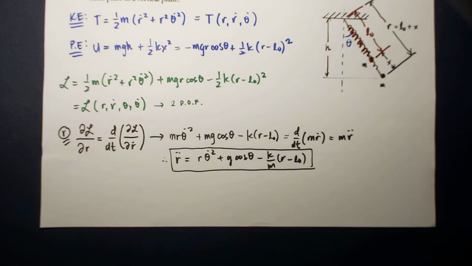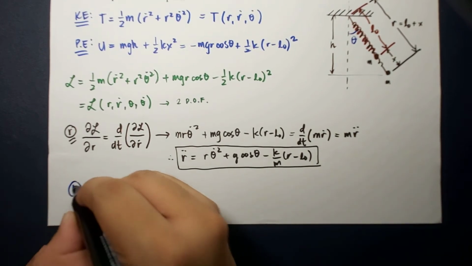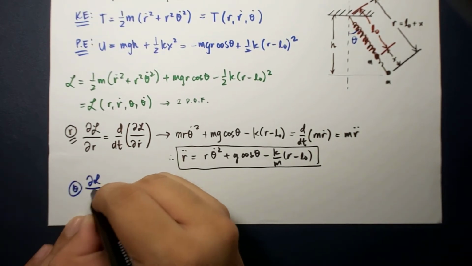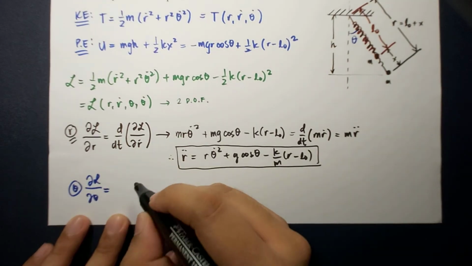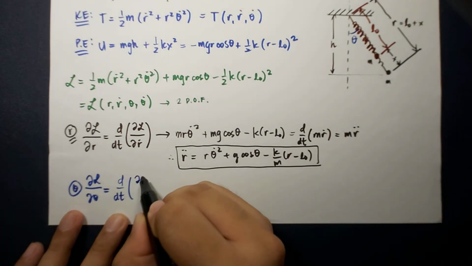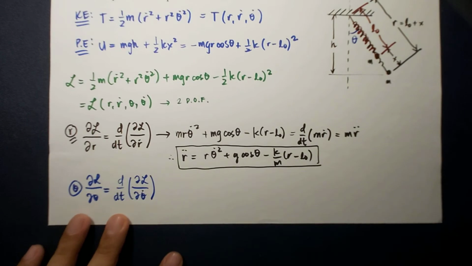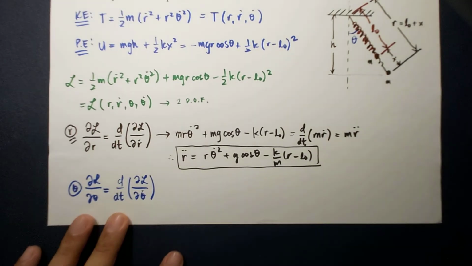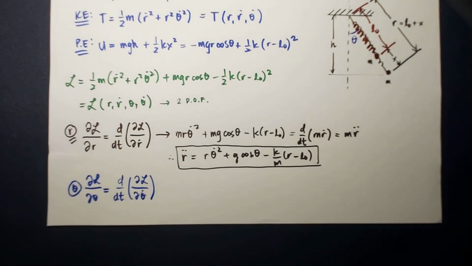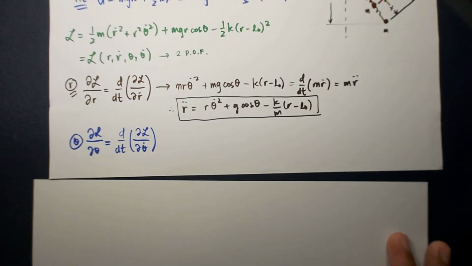Okay, so now let's look at the equation of motion in theta. So again, we have the derivative of L with respect to theta equals the derivative with respect to time of the partial derivative of L with respect to theta dot. Okay, let me just put in a paper here.